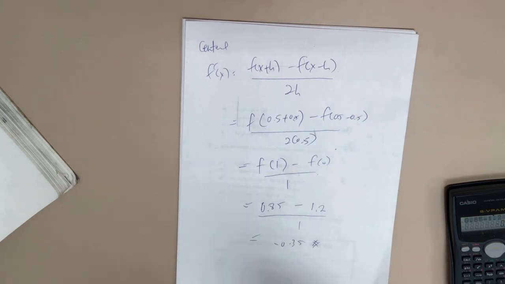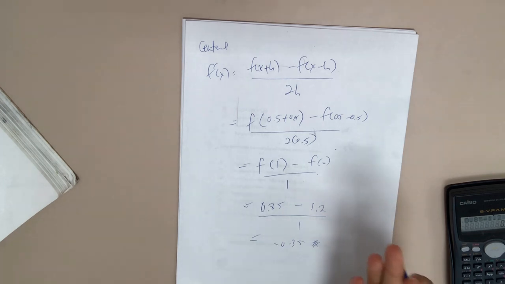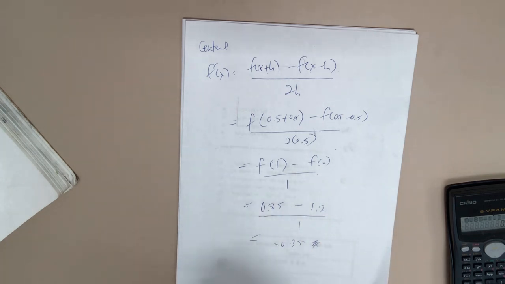For h equals 0.5, you can try by yourself to calculate for h 0.25. It is actually the same thing, only the h is different here.